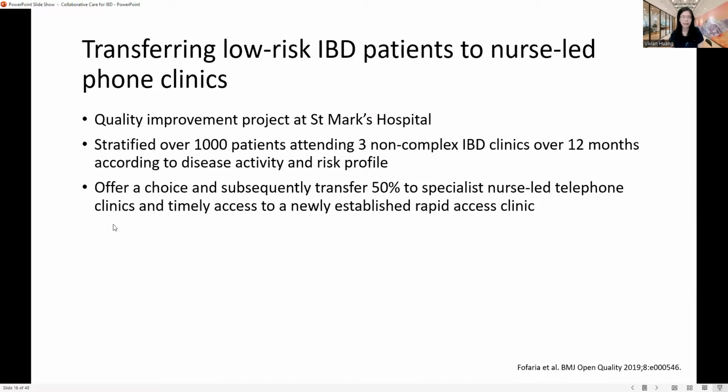And in this one, it was more lower risk IBD patients. And they defined those as non-complex. And that definition would vary, I guess, depending on comfort level and experience of nurses and the clinicians. And what they would offer these patients was nurse specialist-led telephone clinics and a rapid access clinic.